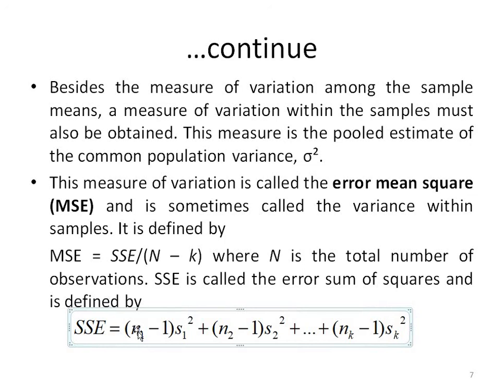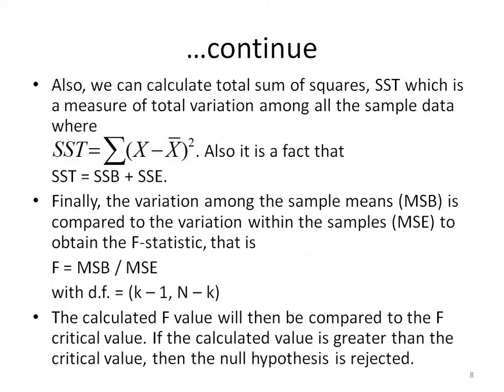If you notice, here we have n1, n2 until nk, and the variances for what? First sample, second sample, third sample, and so on, which means that we have to calculate the variance for each sample. Later, we'll discuss this by using three examples.